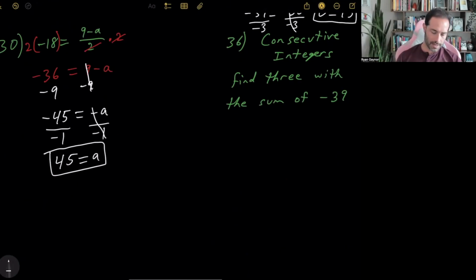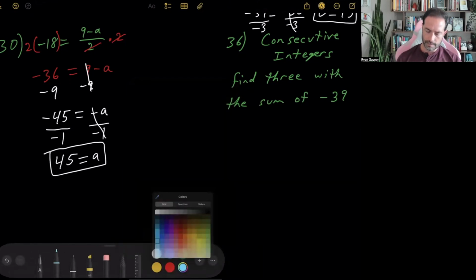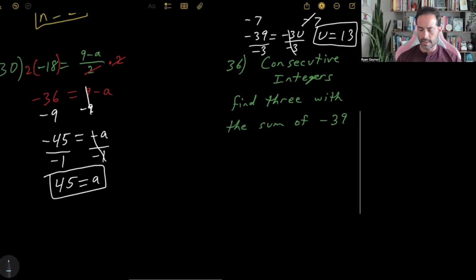Okay, so first we got to underline the key words. So, consecutive, 3, and sum. Those are basically the key words here. So what does consecutive mean? It means in order, right? So 1, 2, 3, 4, 5, like that, in order.